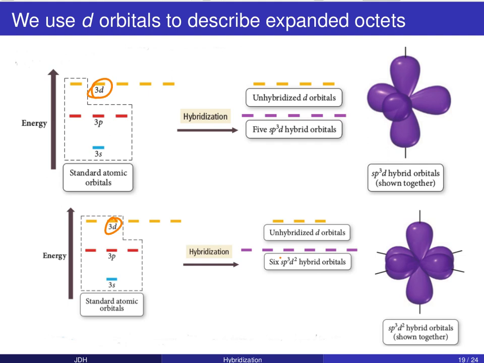In order for these orbitals to effectively overlap and for us to make these hybrid orbitals, they need to be close in energy. So d orbitals allow us to add in one additional bonding arrangement here to get us our trigonal bipyramidal structure, or 2 d orbitals pulled in here to get an octahedral arrangement.